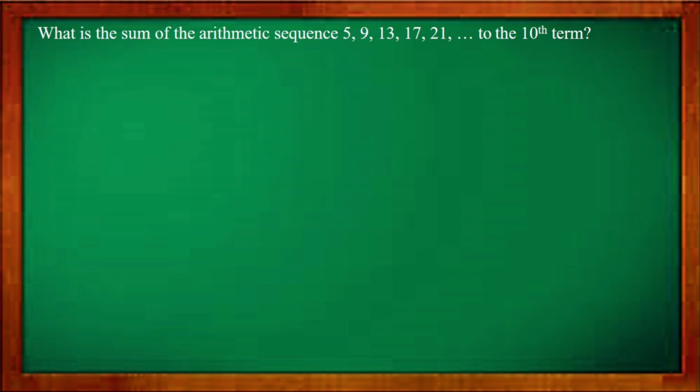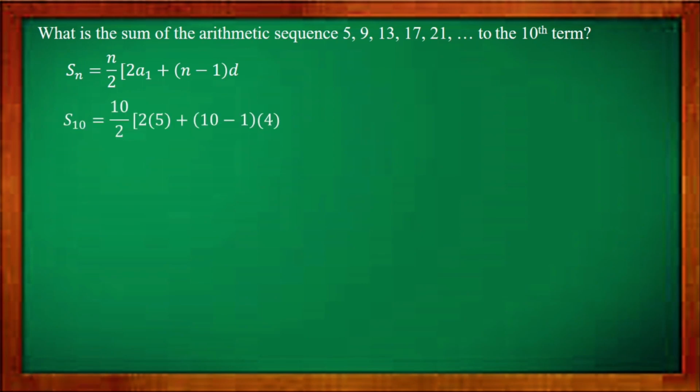Again, our problem is: what is the sum of the sequence 5, 9, 13, 17, 21 up until the 10th term? So here is the summarized step-by-step process for getting the sum of an arithmetic sequence. First, use the formula, which is S sub n equals n over 2 times 2a sub 1 plus n minus 1 times d.